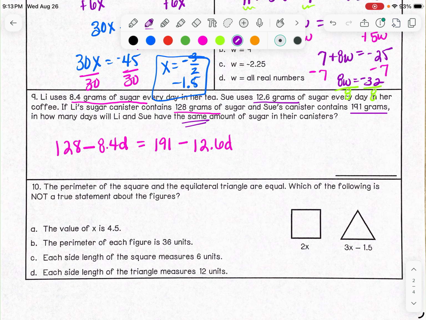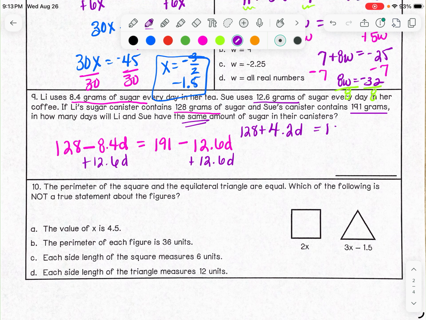So we're going to add 12.6d to both sides. So that's going to be 4.2d. I forgot my 128. That's kind of important.